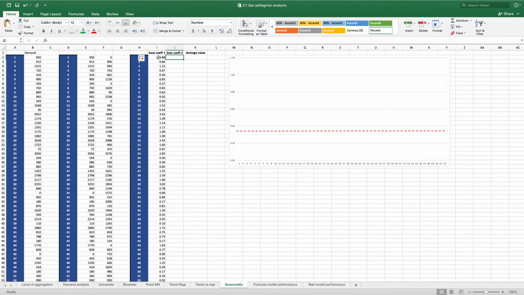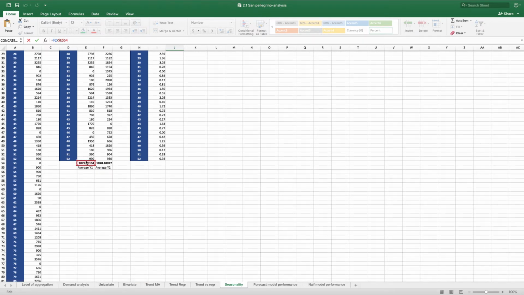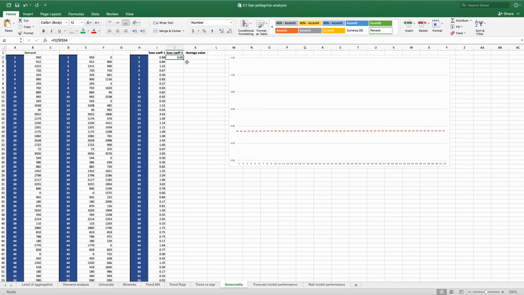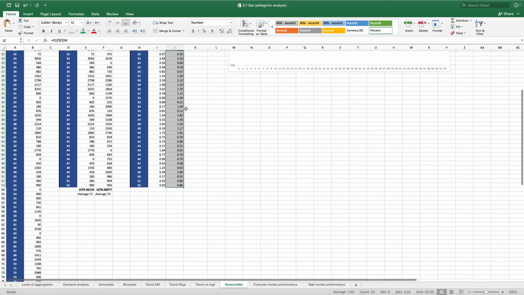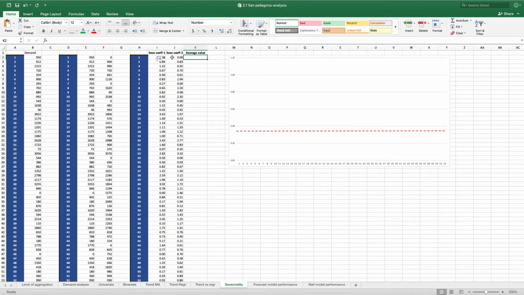You do the same here, remembering to change the average value of the demand. Now, for each period, you have a specific seasonal coefficient. Again, if I take week 14, I want to know if the demand is systematically lower or higher than the average, and I have two values of the seasonal coefficient.